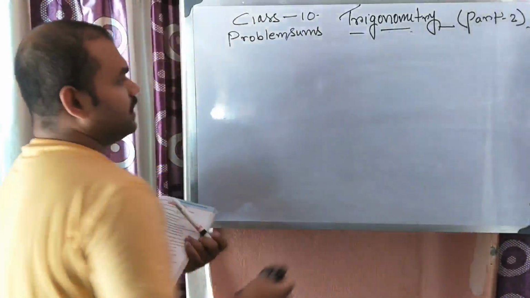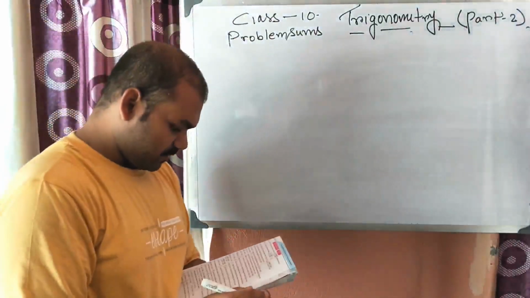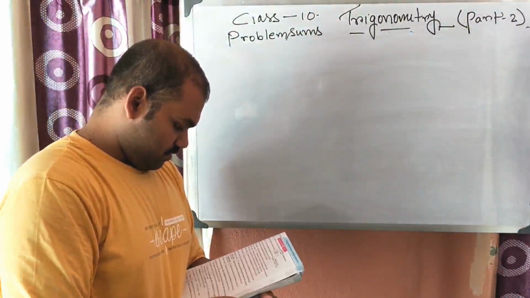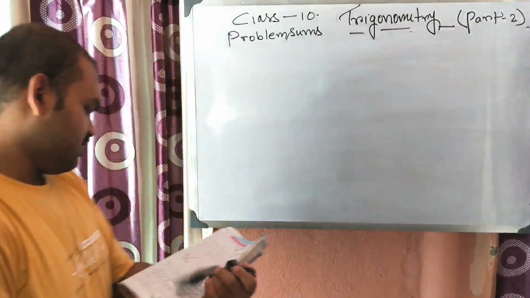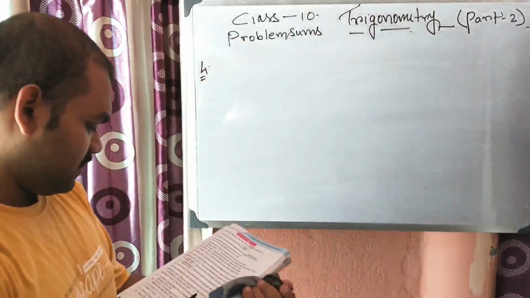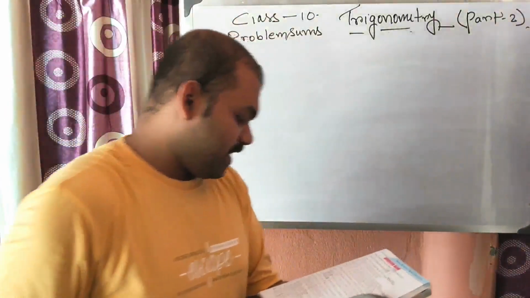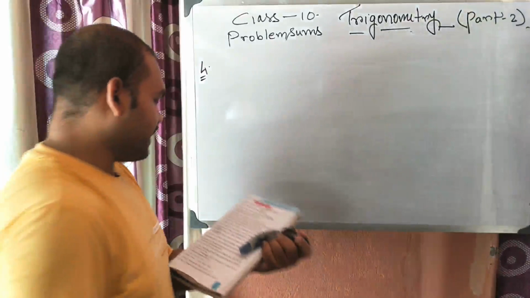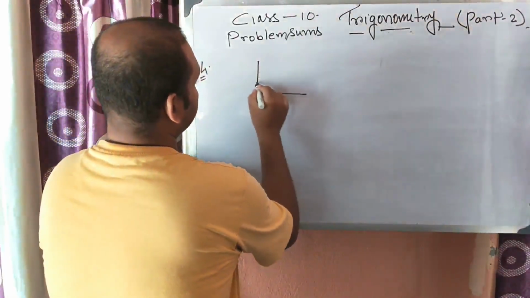So let us do the next one. Let us go to number 4. These are very few examples. In triangle PQR, angle Q is right angle.